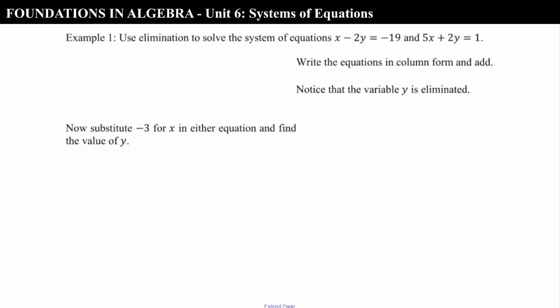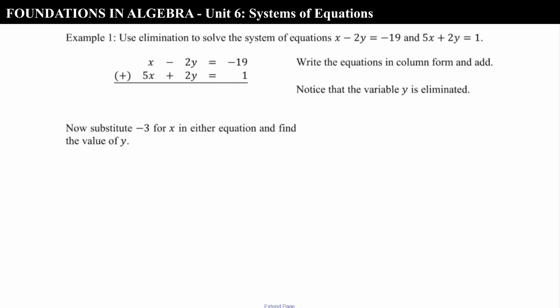So the first thing you're going to do is write the equations in column form. So we take the first equation and we stack it on top of the second equation. We line up our x terms, our y terms, and our constants on the right-hand side of the equals. To get the two y's to cancel, one is negative, the other is positive, so if you add them, then they will cancel.